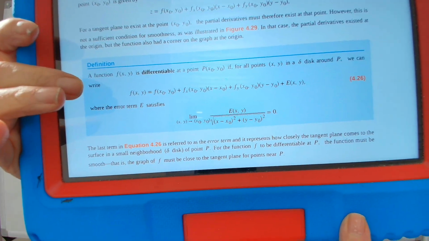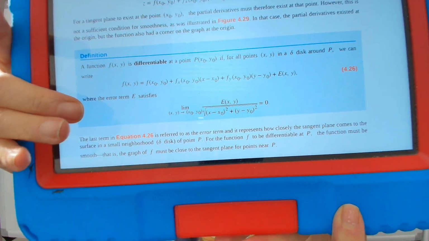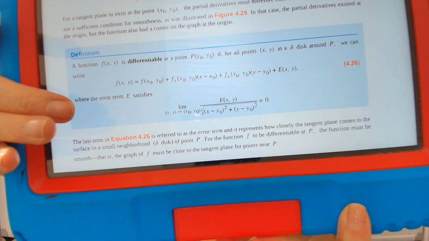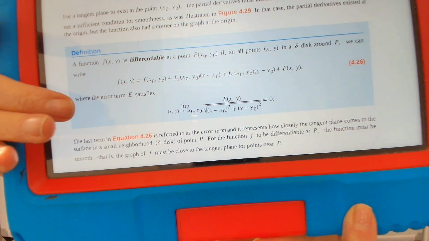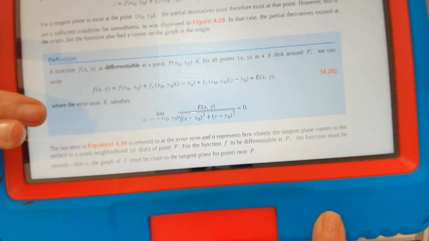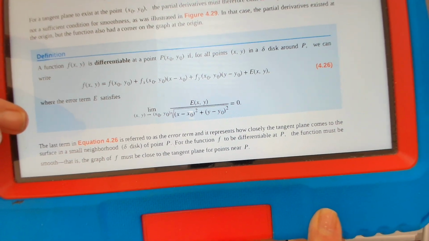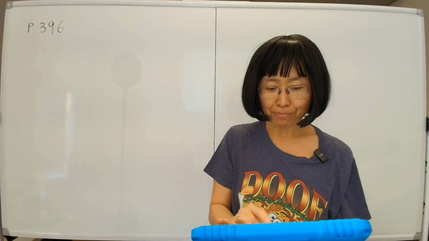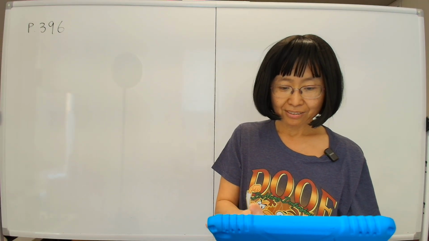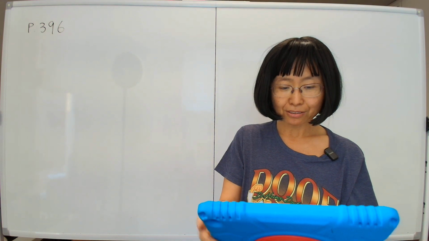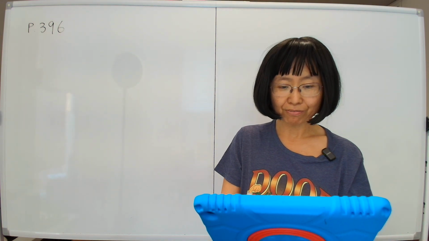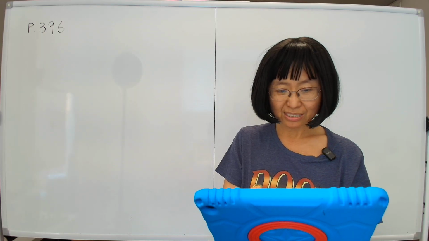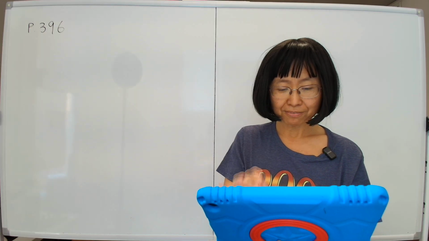Then we're going to check to see if the limit of the error divided by the distance from the point to the point in question is 0. Now, to do that, every part looks pretty good, except that you calculate everything, find out what the partial derivatives are, what the function is, and so on.